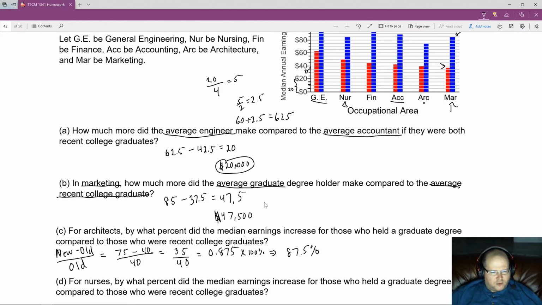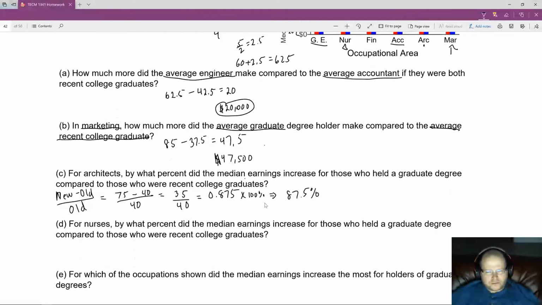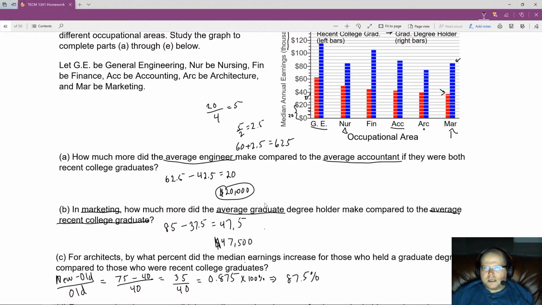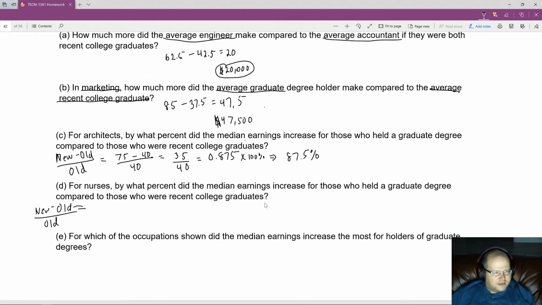We're going to use the same kind of structure: new minus old over old, and it's going to equal something. So first we need to figure out the nursing graduate. Let's go up here, look at the nursing graduates, right there, all the way across. It looks like 85. So we have an 85.